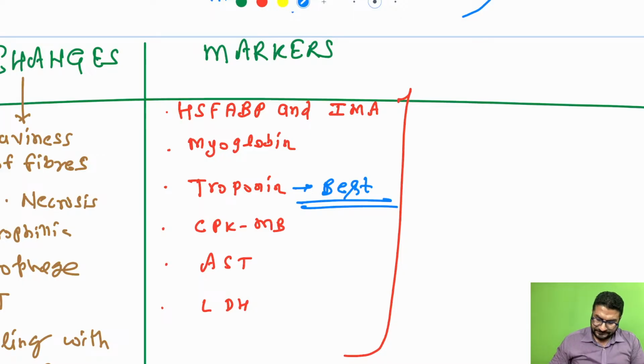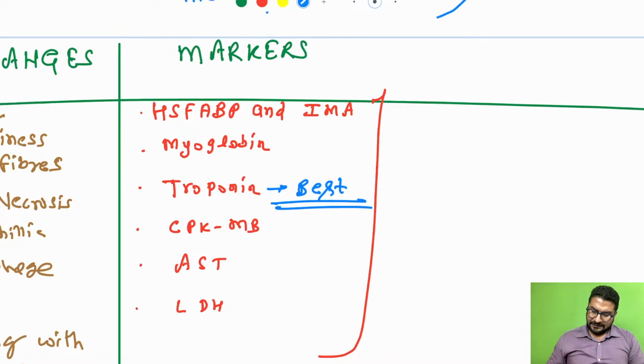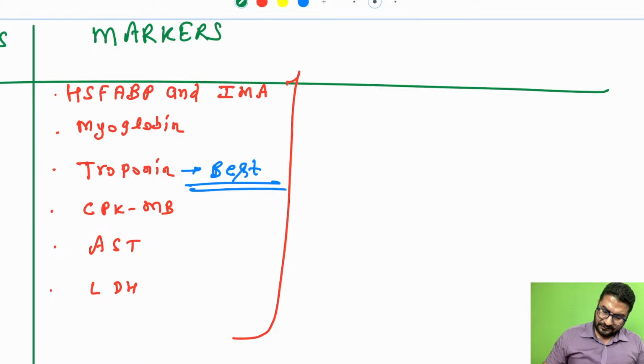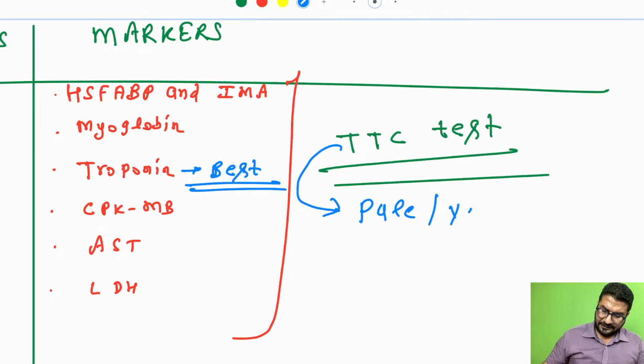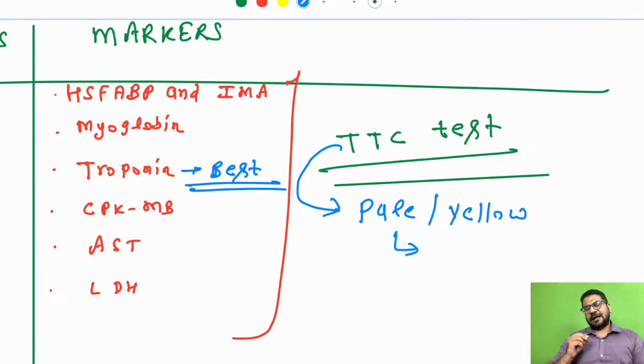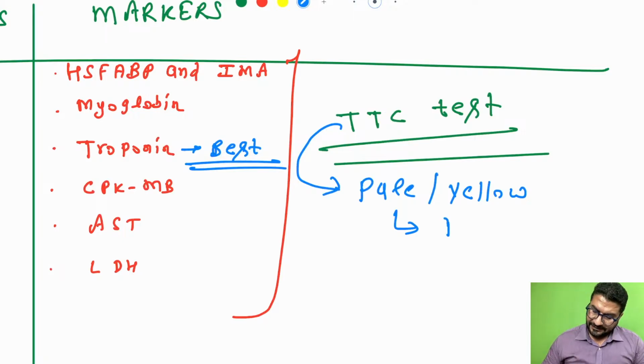Okay, now look at this. Then they ask a question from MI on the TTC test, triphenyl tetrazolium chloride test. In this test you will see a pale or yellow color area. This is the area having ischemia, so this is the ischemic area.